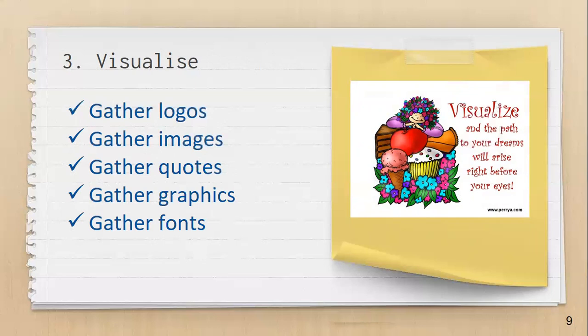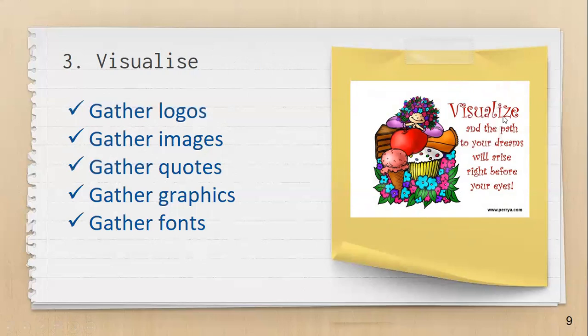This is an opportunity for you to start visualizing the aspects. So think about, with all these things, logos, images, quotes, graphics, fonts, think about how your intentions, how your message, how all of those things, your solutions are communicated through the logos, images, quotes, graphics, and fonts that you choose. As an example, if you look at this font up here where it says visualize, it's a little bit more clean, it's a little bit more controlled.